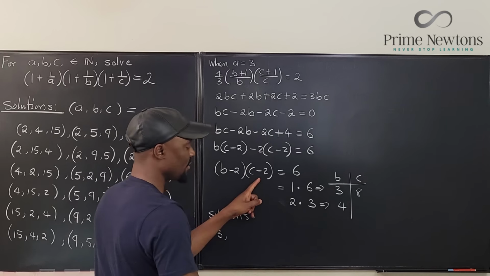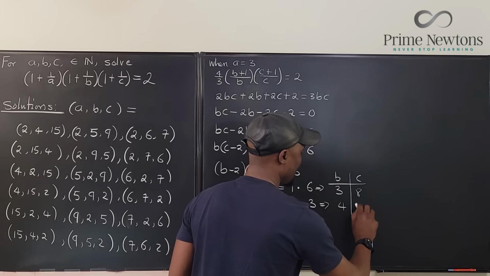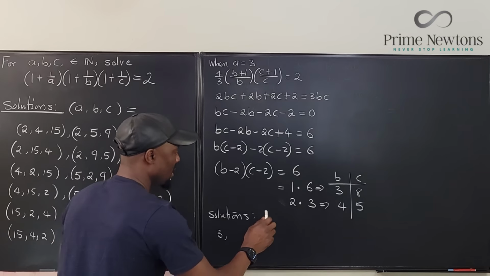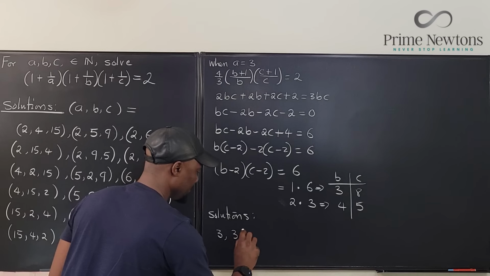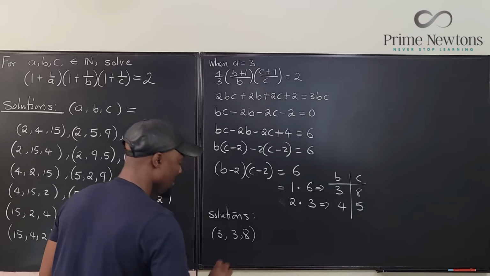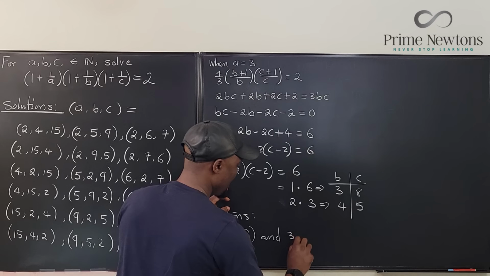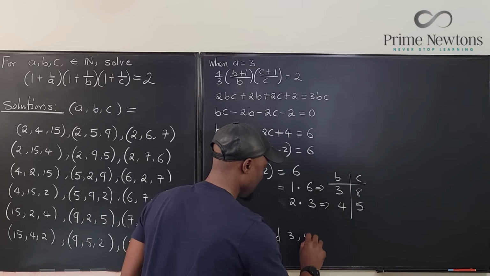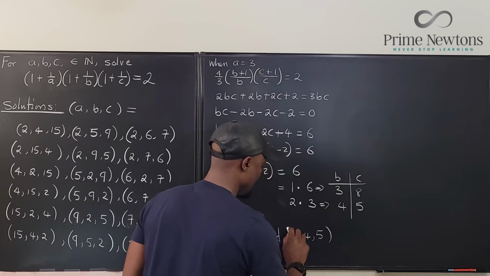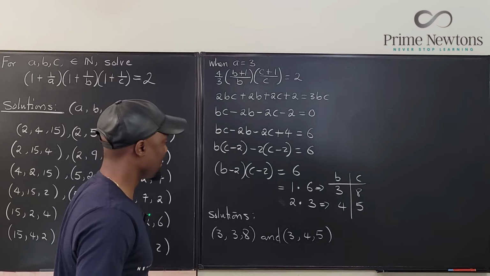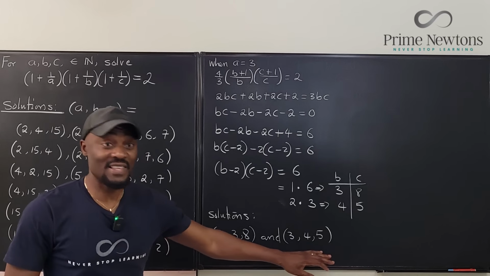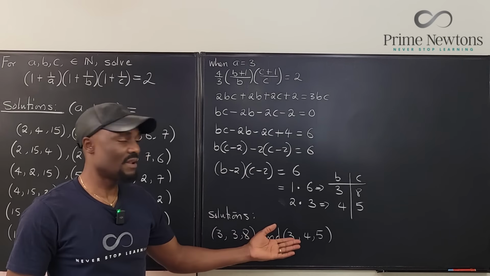And something minus 2 gives me 3, that thing is 5. So our solutions are 3, 3, 8, and 3, 4, 5. Oh, this Pythagorean triple is here. Nice. Okay, so these are the two possible solutions from this side.